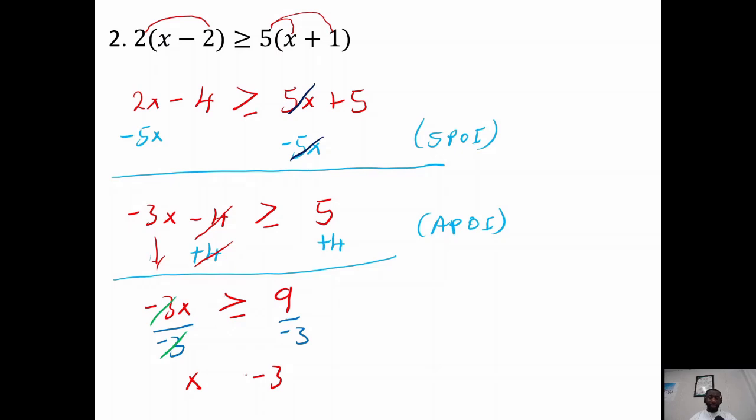It was greater than or equal to, but this time it's going to be what? Less than or equal to. You're done. It tells you that the solution is x less than or equal to negative 3. It means negative 3 can also be a solution. So we now have to go ahead and graph it.